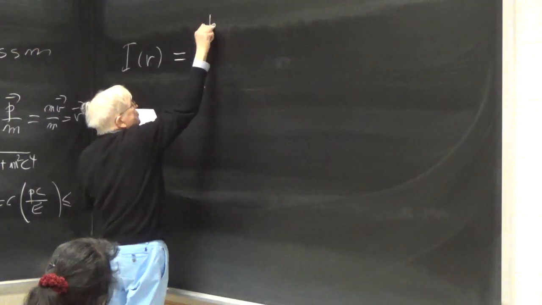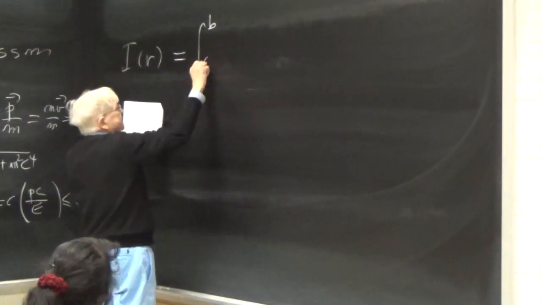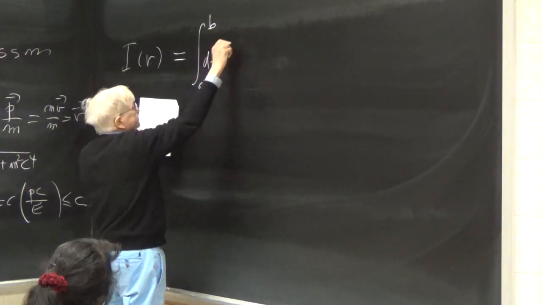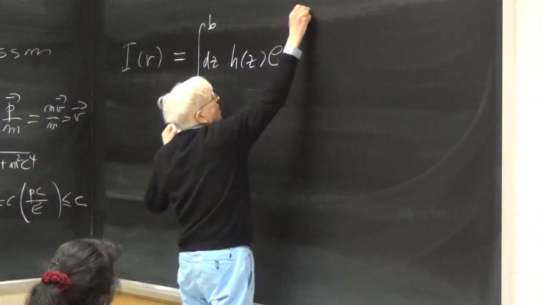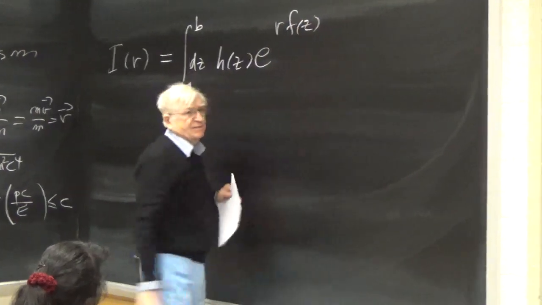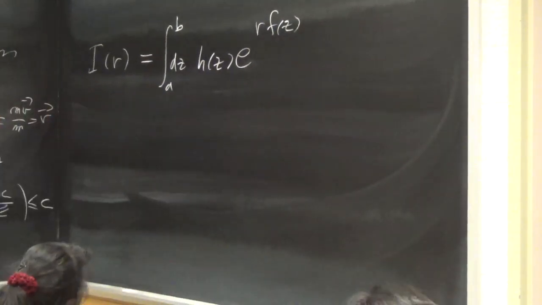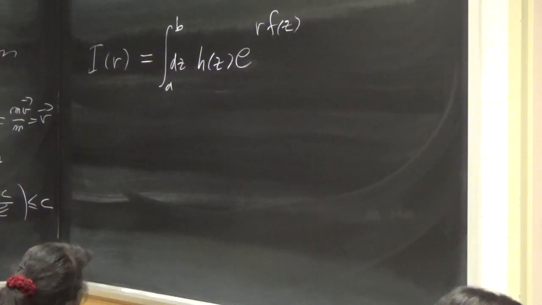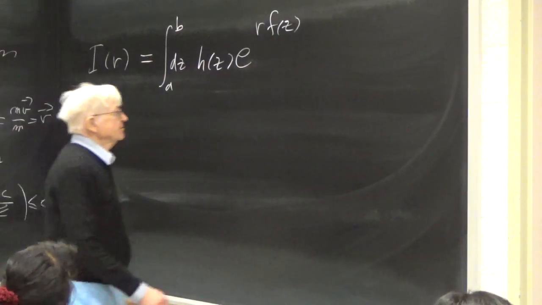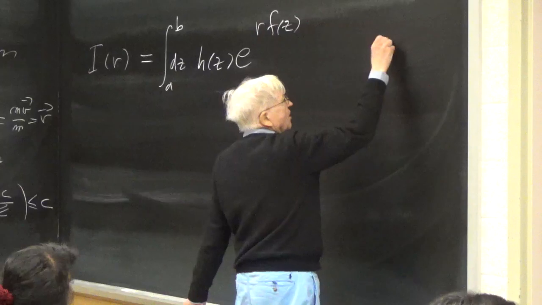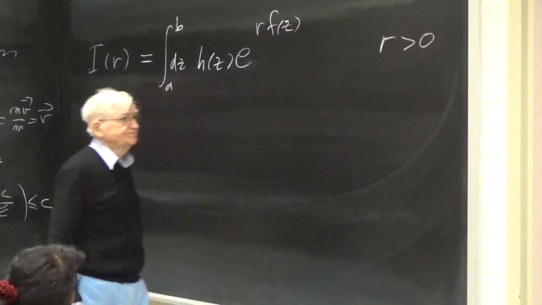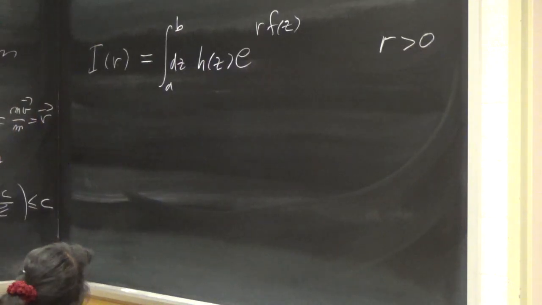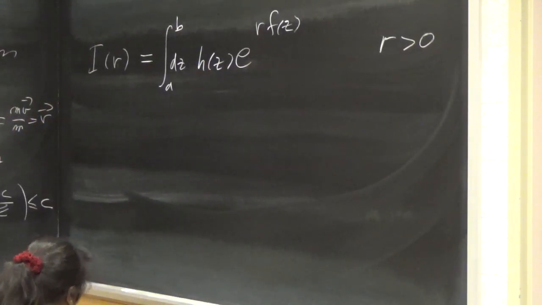So let's imagine we're integrating in the complex plane dz some function h of z e to the r f of z. So we're replacing x by r. R is just a real number, and in fact, we'll be thinking of r as a positive number.